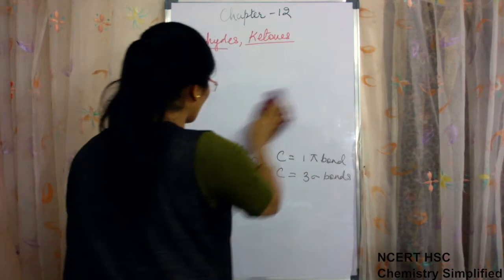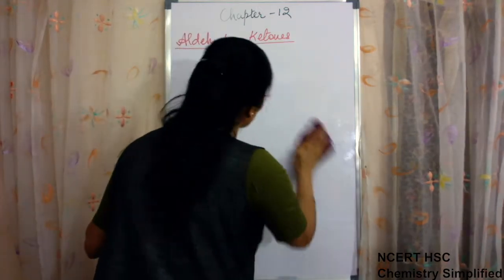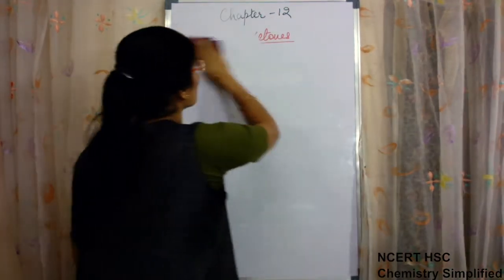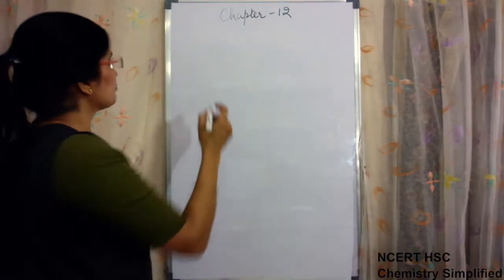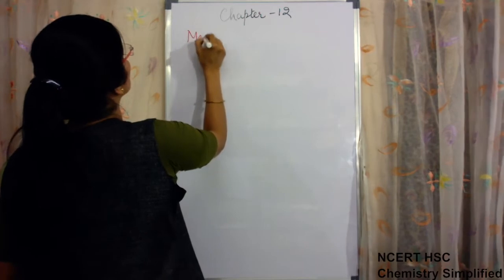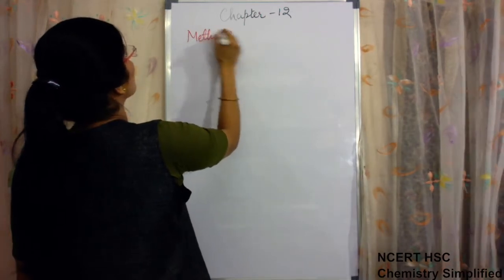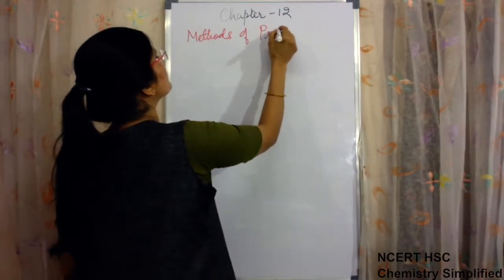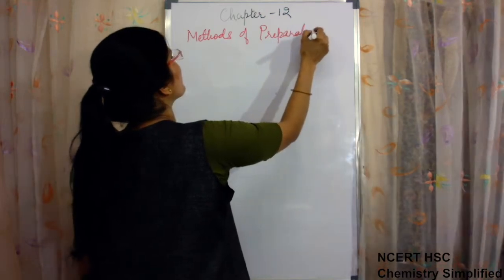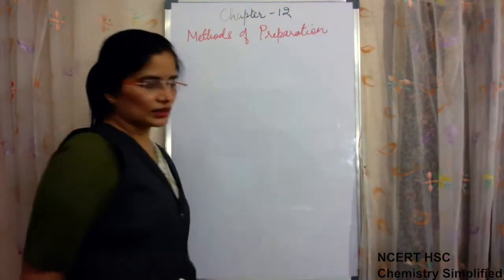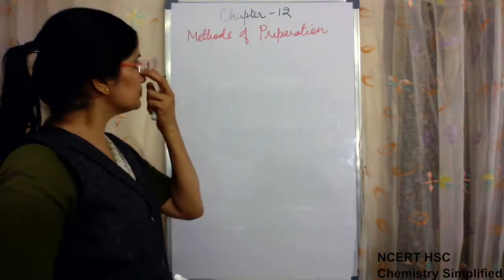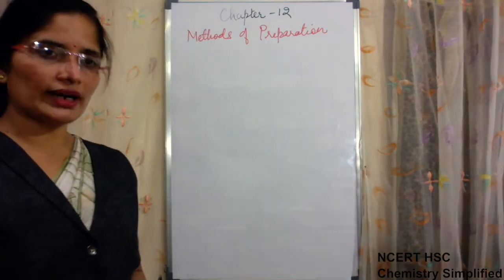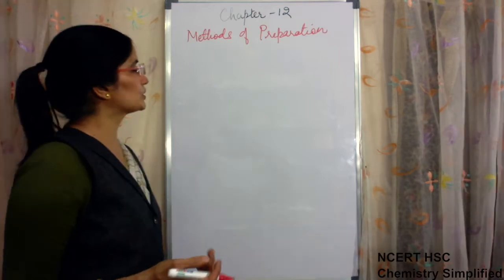But before we come to their properties, first we have to discuss the methods of preparation. Okay. So now we come to methods of preparation. The methods which we are discussing now are common for both aldehydes and ketones. Okay.